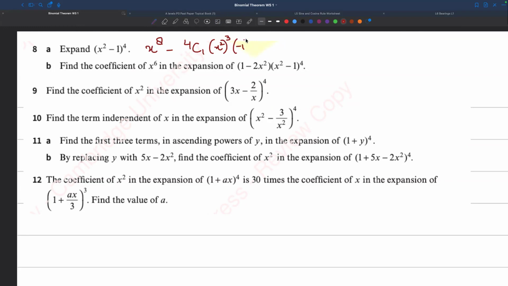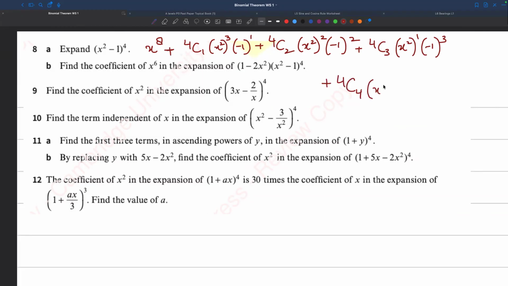And then minus 1 to the power of 1 plus 4c2 x square to the power of 2 minus 1 to the power of 2 plus 4c3 x square to the power of 1 minus 1 whole cube. Yeah, it is plus, my bad. Plus 4c4 x square to the power of 0 minus 1 to the power of 4.